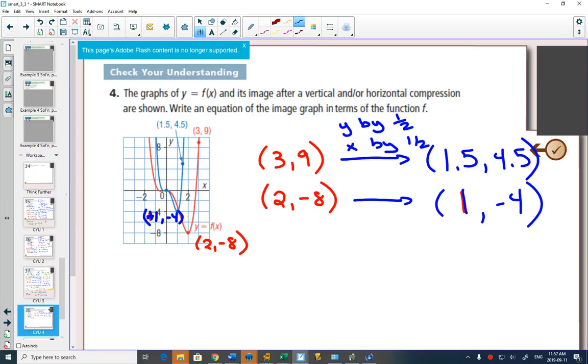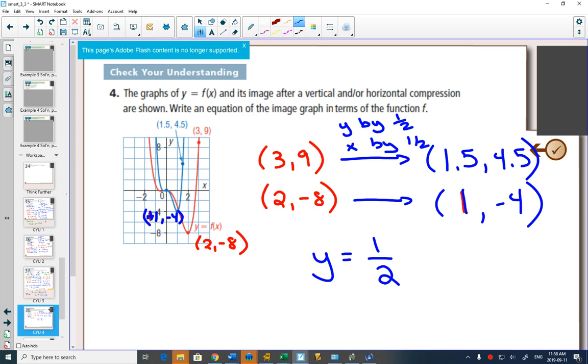Now, if I multiply y by 1/2 and I multiply x by 1/2, normally I would have gotten those from my equation. So we need to do that. We need to write the equation in terms of f. So it's going to be an equation y equals, the y by 1/2 would be outside of the function, and it would be exactly what you would think. There'd be 1/2 outside of my function.